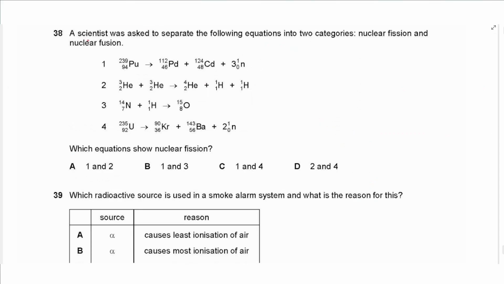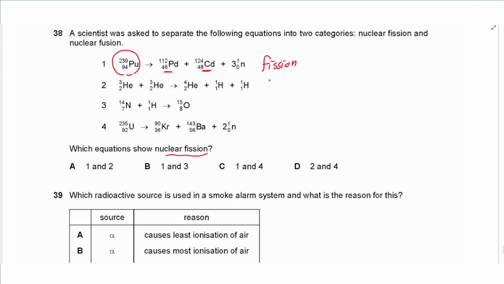Question 38 says a scientist was asked to separate the following equations into two categories, nuclear fission and nuclear fusion. Which equations show nuclear fission? Fission is a splitting of a heavy nucleus into lighter nuclei. So this is one nucleus that splits into two nuclei. So this is fission actually. Helium plus helium is equal to helium plus hydrogen.